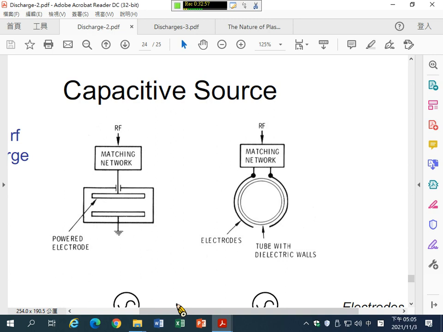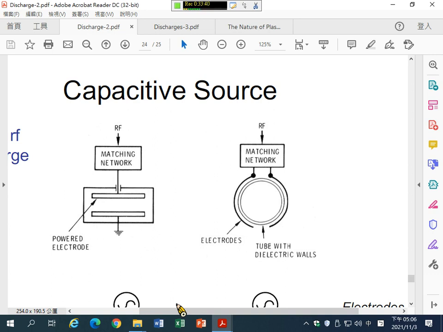And the right figure is another type of RF capacitive discharge. Okay, so when we look at this direction, we look at the cross section of a quartz tube. So this circle here shows the chamber wall of the quartz tube. Outside the quartz tube, you can place two electrodes. So you can place a piece of metal on the left side and on the right side.